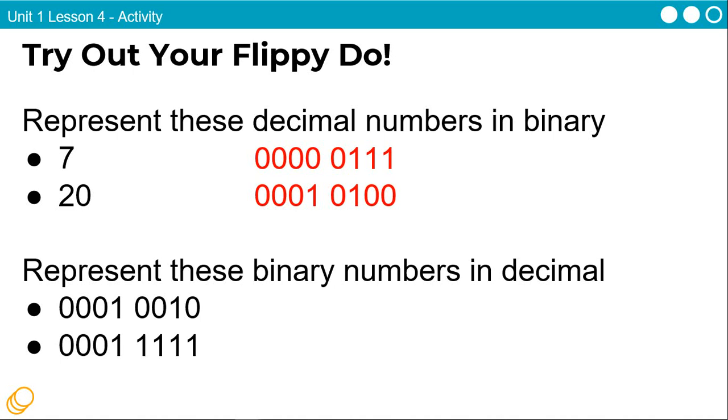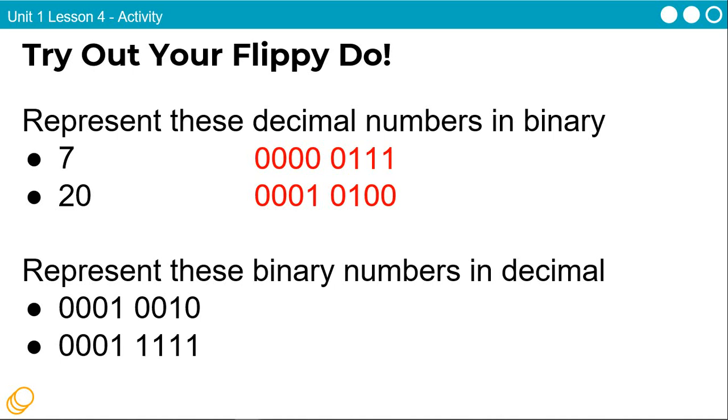As you break down the 8 bits, as we convert the 7 to a binary number, that first place value is 128. We can't put 128 down because it's bigger than 7, so that goes to 0. Next one is 64. That's a 0 because 64 is bigger than 7.